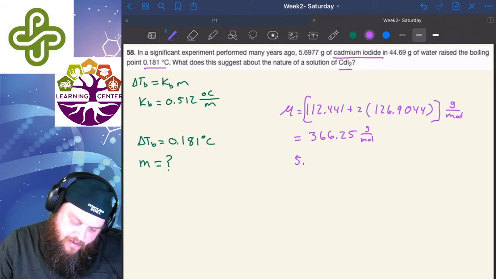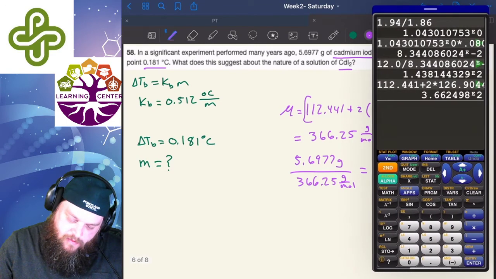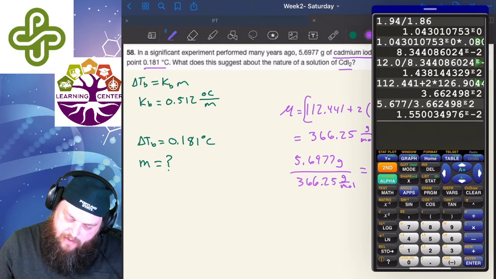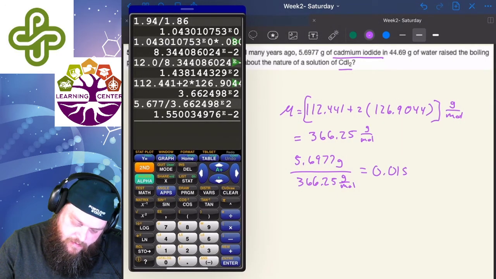So we had 5.6977 grams. Divide that by 366.25 grams per mole, which brings us to 0.0155 mole.